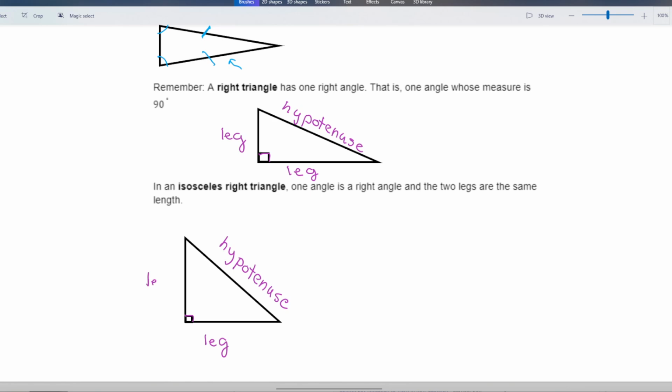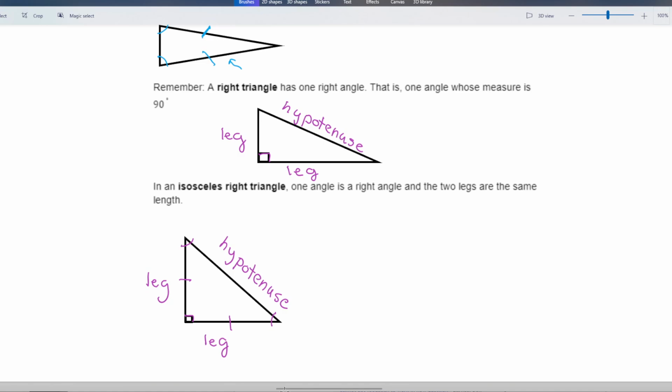In an isosceles right triangle, the two legs are the same length. So this side and this side have the same length. That means that this angle here and this angle here have to have the same measure.